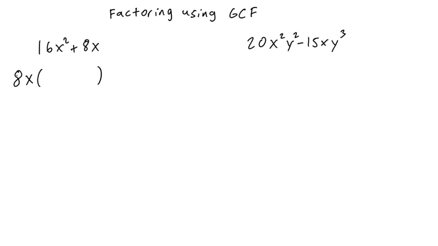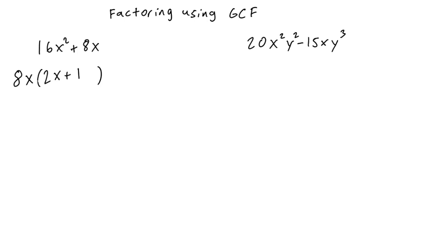So we're essentially dividing out 8x. 16 divided by 8 is 2. And x squared divided by x, you could just say that we're taking away an x. So we had 2 x's with x squared, and now we have 1. And then plus 8 divided by 8 is 1, and x divided by x is also 1.